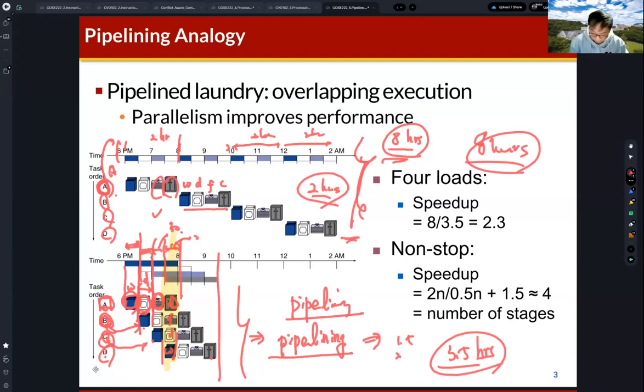Now let's focus on a single task. Actually, we cannot reduce the latency of a single task. Let's compare the execution time of task A only.